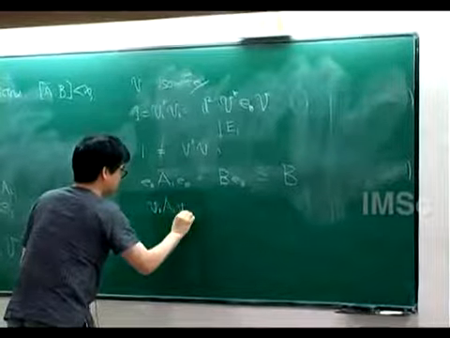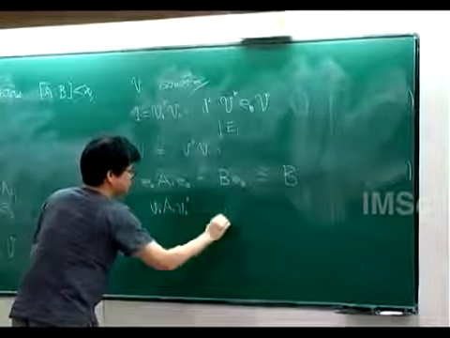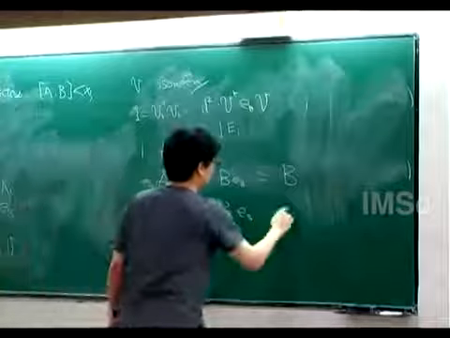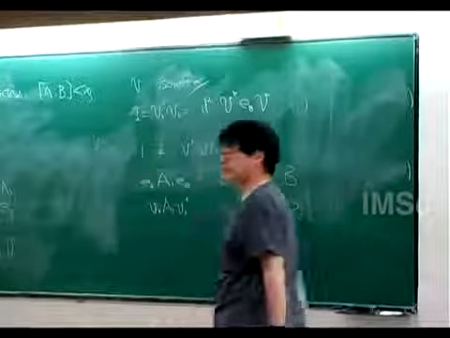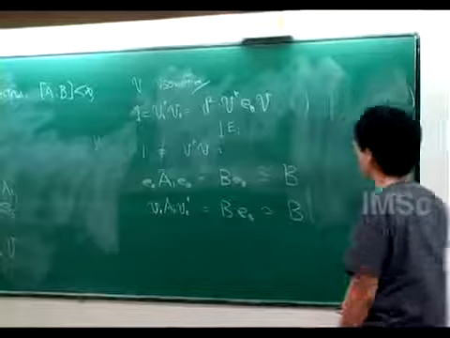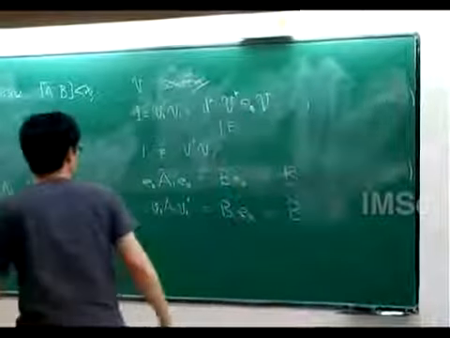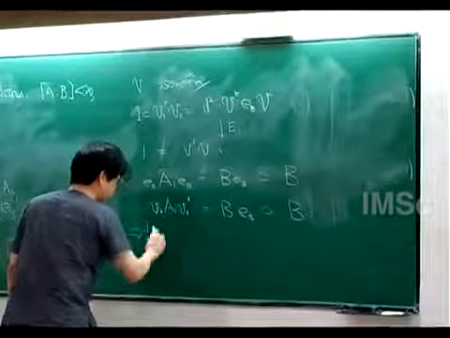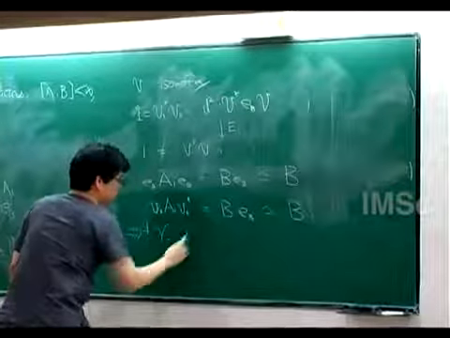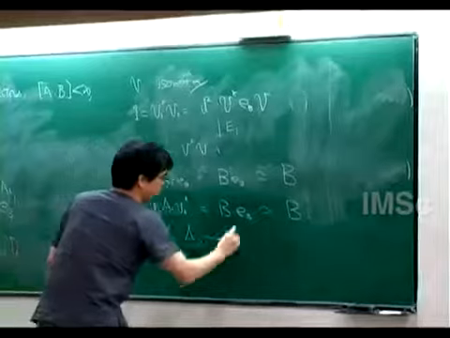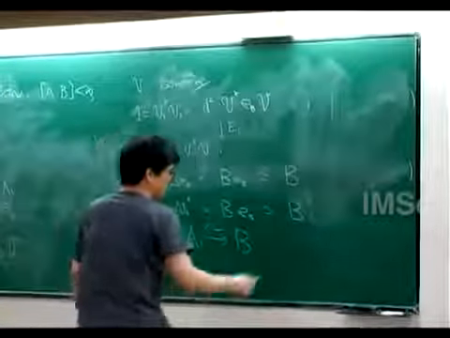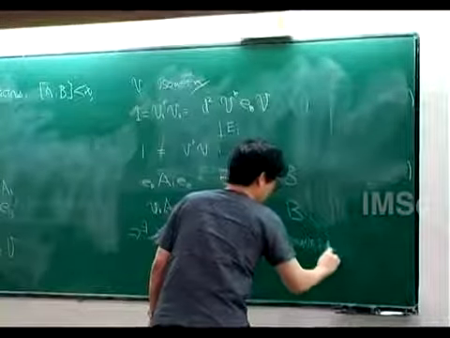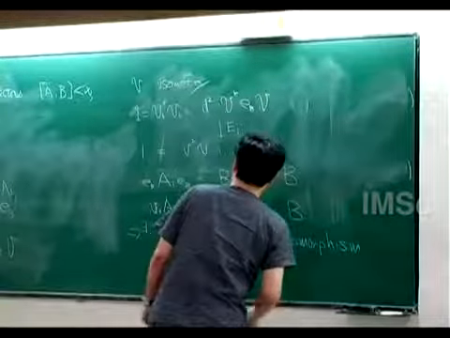V0. This is B. So this shows that there exists an isomorphism from A1 to B.